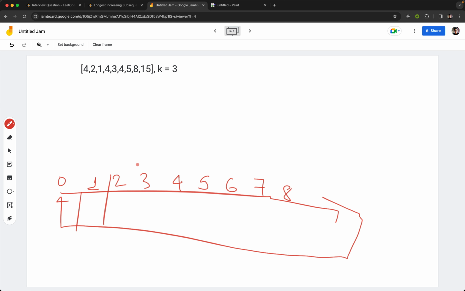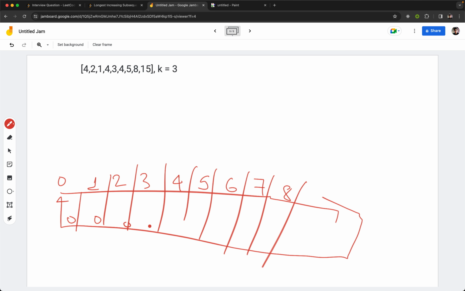Alright, now initially all these are 0, because nothing has been inserted.